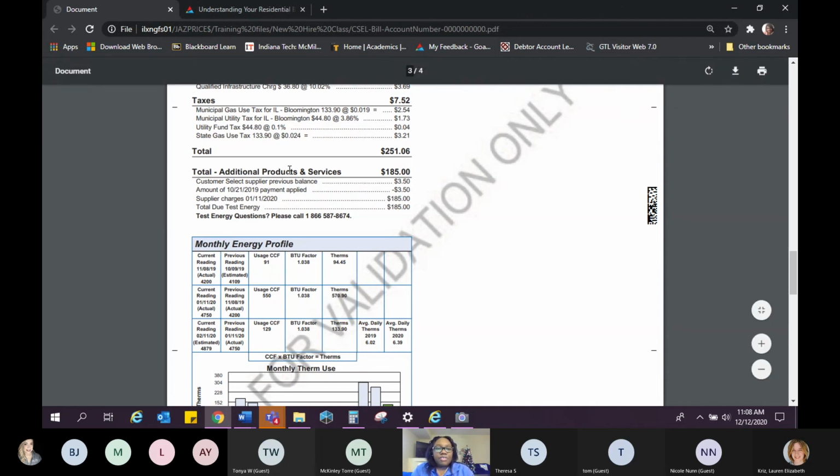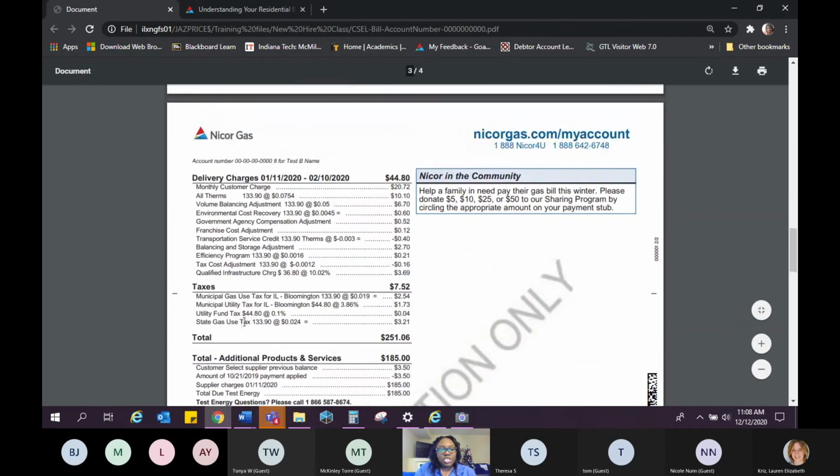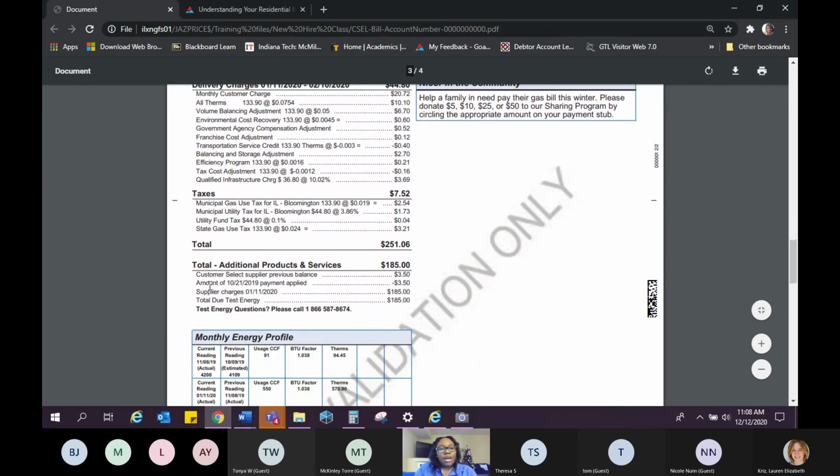So this customer doesn't have a third-party warranty, but they are paying gas to a different company, and it was Just Energy, but this just says Test Energy. So it says their customer select supplier previous balance was $3.50. The amount that they paid was $3.50, and now their new charges is $185, and it tells them how much is due, $185. And then it also has, if you have Test Energy questions, please call here.